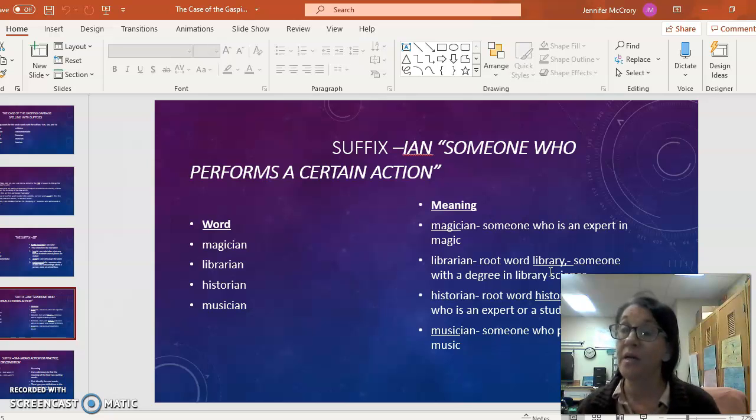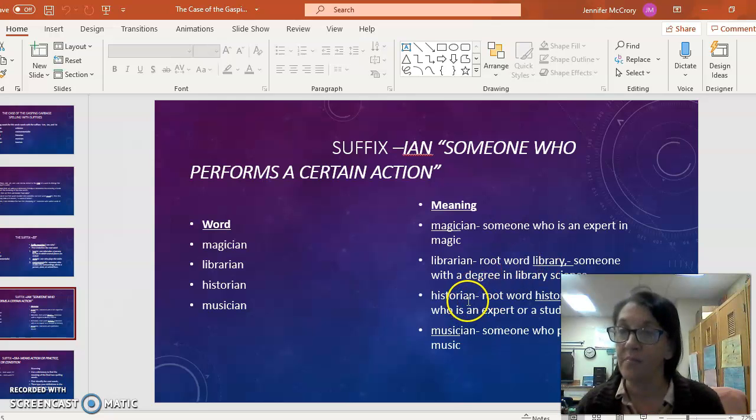So again, using my dictionary, which comes in very handy when I put my 2 words together, I know that a librarian is someone with a degree in library science. I have to use a dictionary. It's okay to look up what the word librarian means, because that suffix is going to naturally change that meaning.